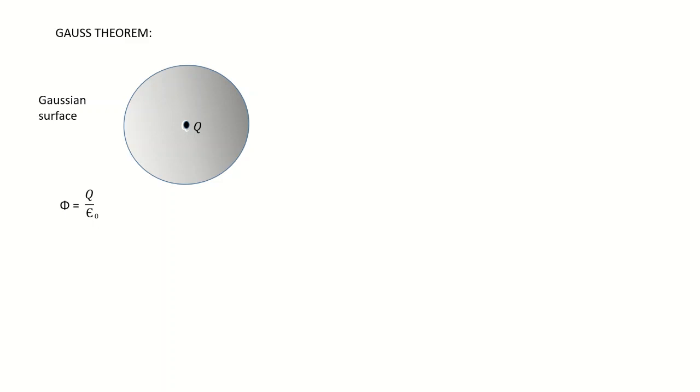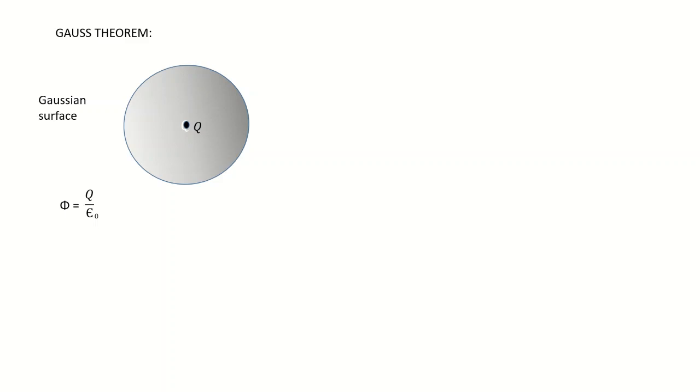Hence, whatever the shape or size of the Gaussian surface, if it completely encloses the charged body, then total flux will be phi equals Q by epsilon naught.